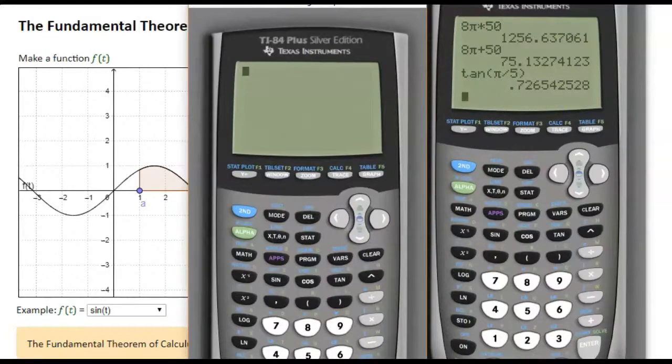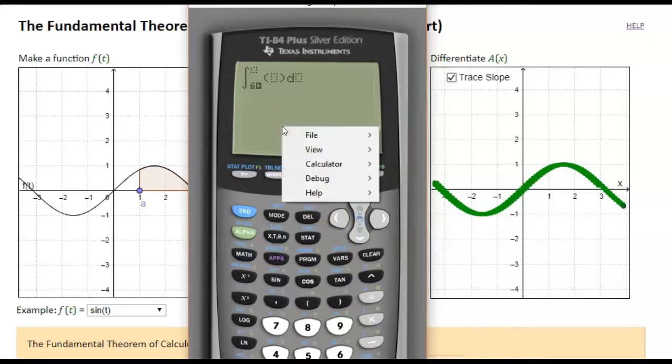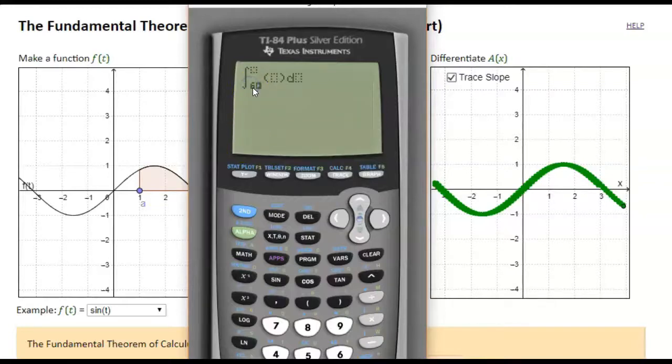Okay, so to do this on your calculator, you're going to press Math, go down to 9, that's the interval, hit Enter, and now just plug in your numbers. That should be a 1, not a 6. Okay, 1, 1, enter.